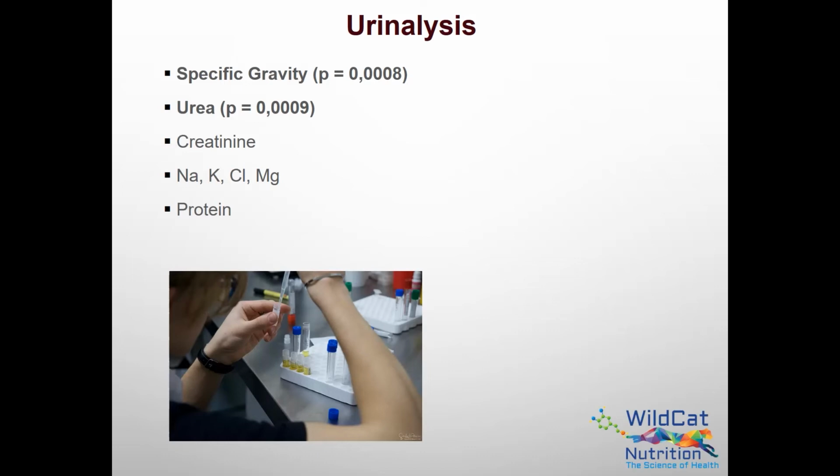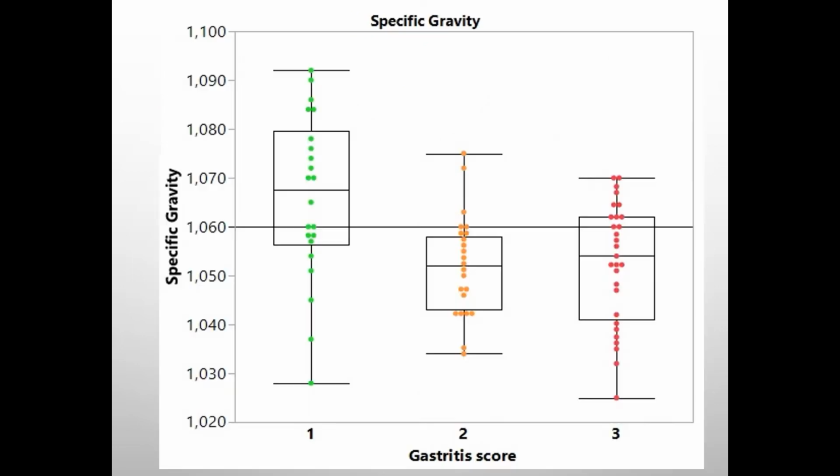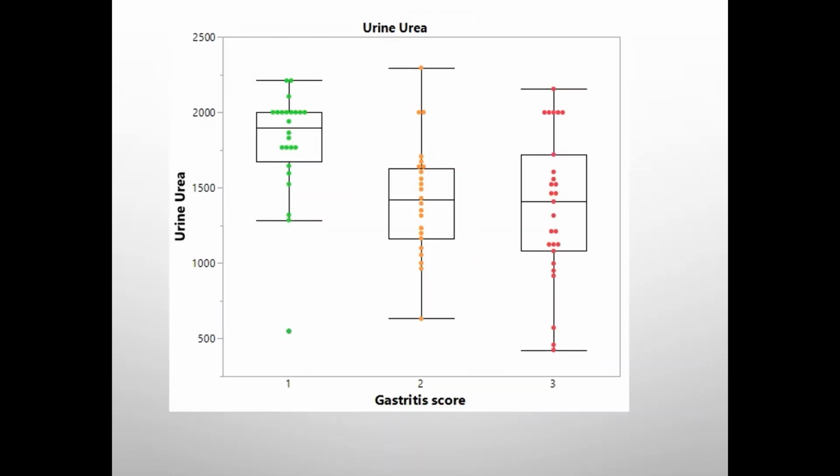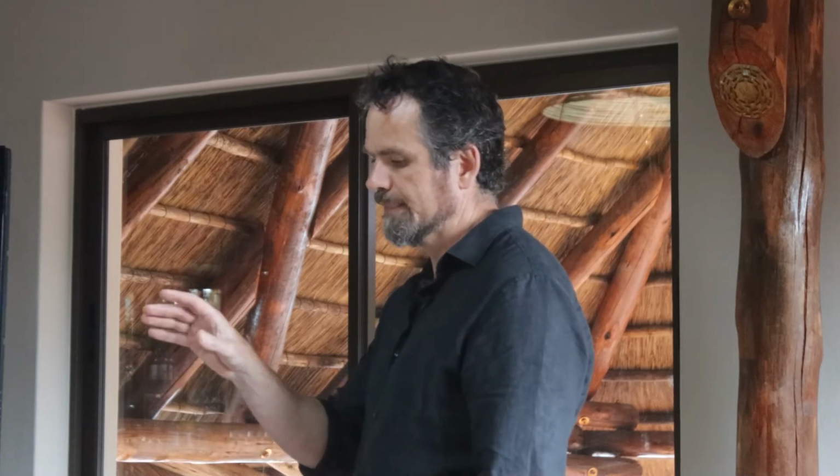On the urine which we collected, there were some differences as well. The urine specific gravity was lower in grade 2 and grade 3, and the main reason for that was the urine urea. Cats, because of their high protein diet, excrete an enormous amount of protein breakdown product, which is urea, and urea is the main element in urine that influences the specific gravity, or the concentration of dissolved solutes in the urine.